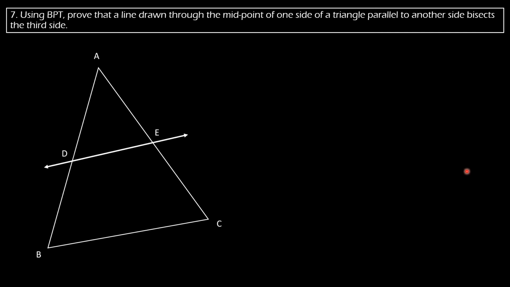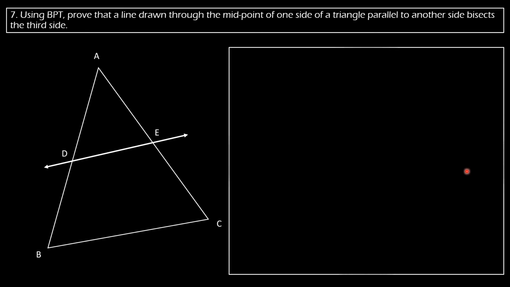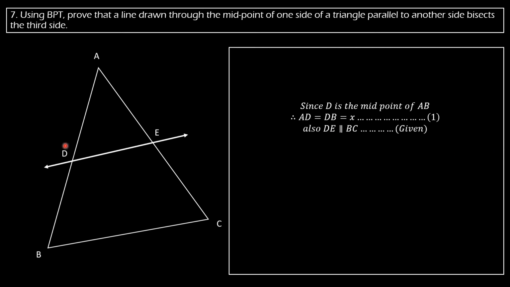Let DE be the line parallel to BC from point D. Now let's prove it. Since D is the midpoint of AB, it divides AB into two equal parts, so AD is equal to DB. Let it be x. Also DE is parallel to BC, that is given to us.